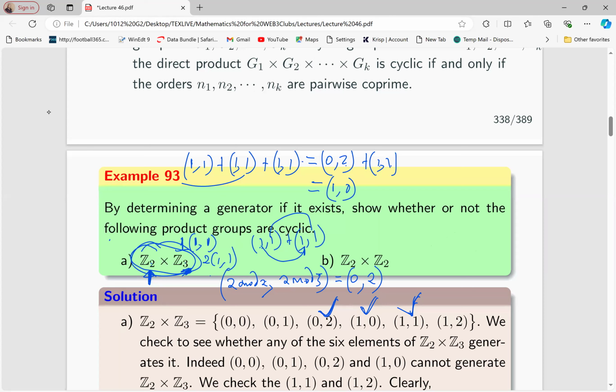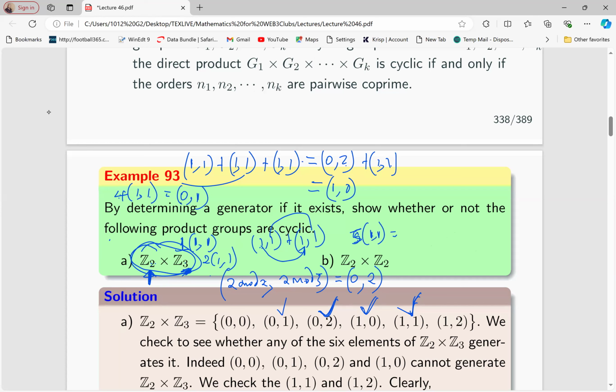Now the 4th time, 4 times 1 is 4. Mod 2 is 0. And then 4 times that is 4, mod 3 is 1. So we've generated the element 0, 1. The fifth time, adding 1 to itself 5 times, 5 times 1 would be 5.